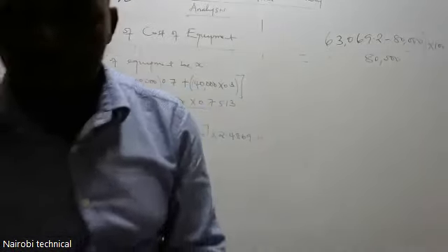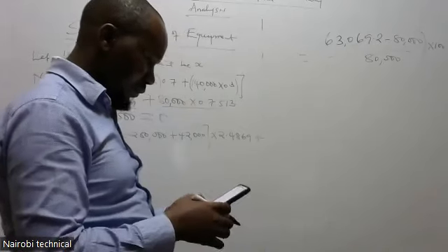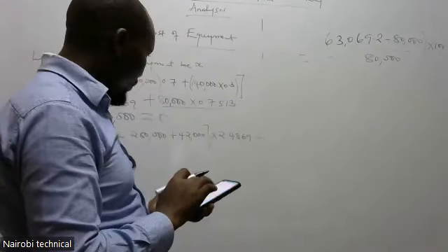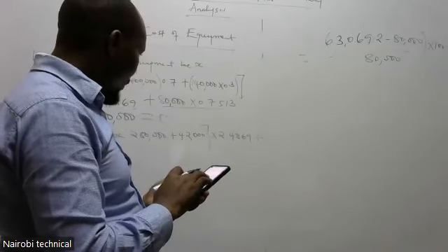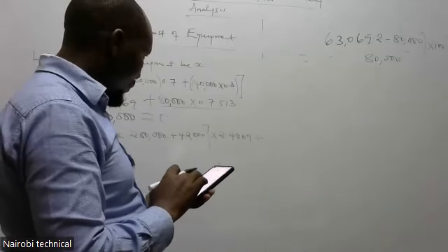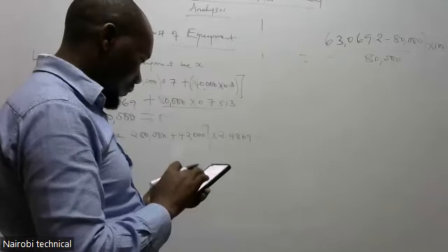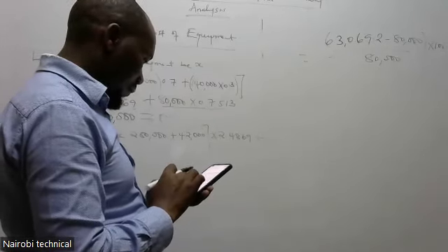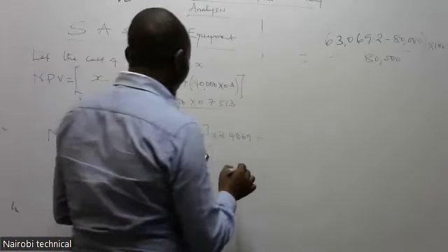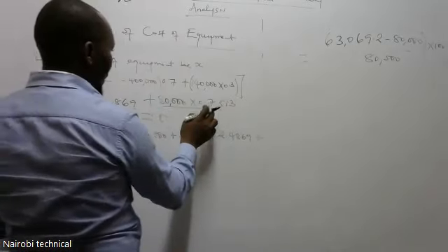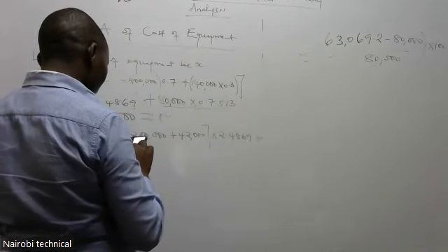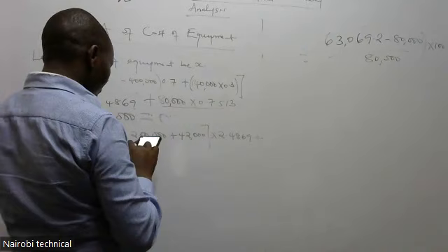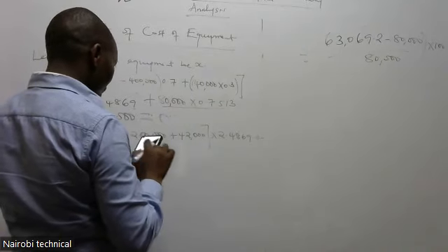How much does it come to? This one times 80 times 0.713.